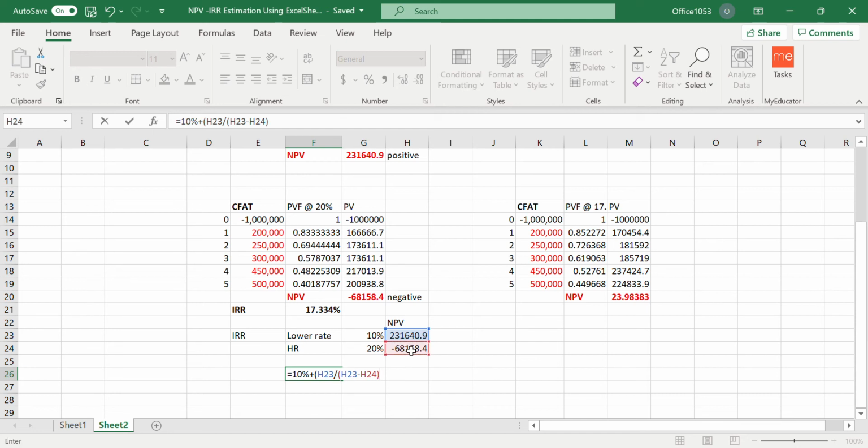Actually we need to add both the values, into higher minus lower, that's 20 minus 10.